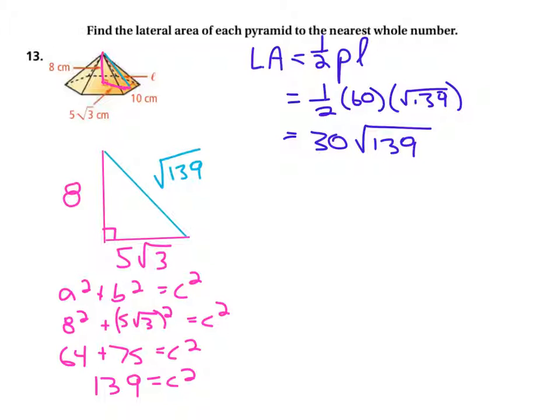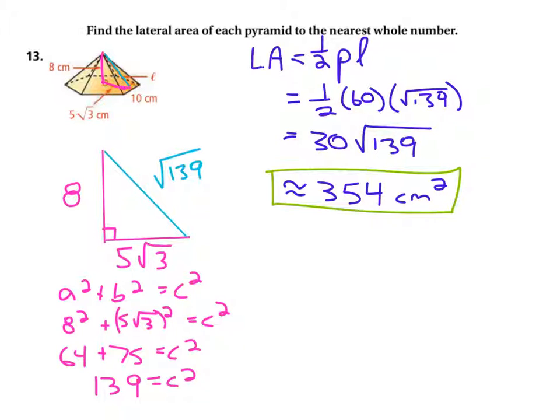And let's type square root of 139 times 30. We got 353.6, and that rounds to 354. What's the units? The units are centimeters squared, because it's area. And I box that answer.